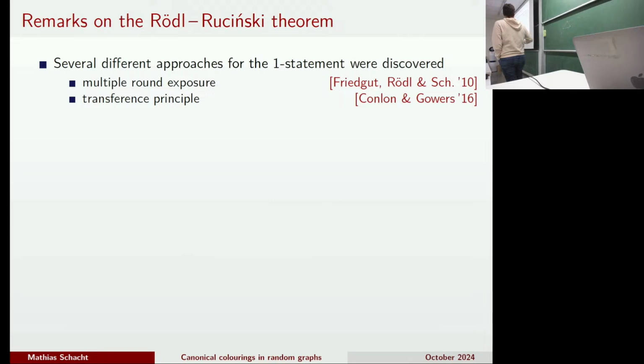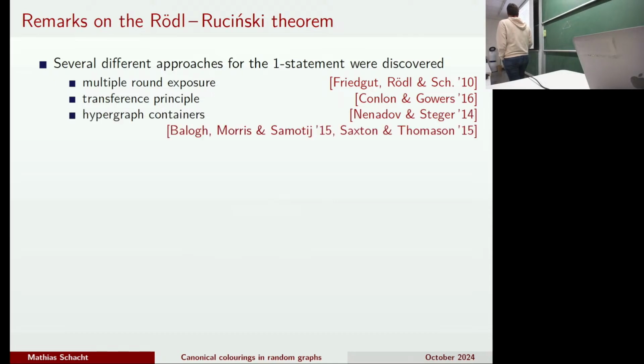And there was some other approach, a multi-round exposure approach, closer to the original argument of Rödl and Ruciński, which we had together with Friedgut and Rödl, where we could also transfer this one statement to hypergraphs. Then a few years later, these hypergraph containers were developed by Saxton and Thomason, and by Balogh, Morris, and Samotij.